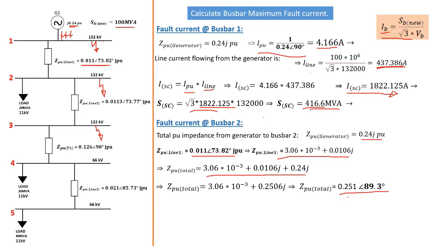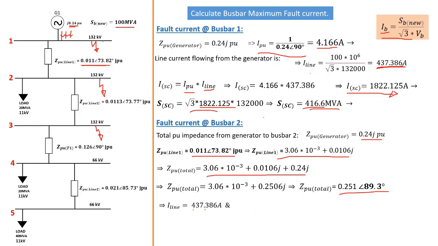Now we're going to use this total Z per unit to determine our I per unit. The I line will remain exactly the same. It doesn't change because we still have the same line running from the 132 kilovolt. Imagine we're working with one single phase; we will have exactly the same phase running on the transmission line.